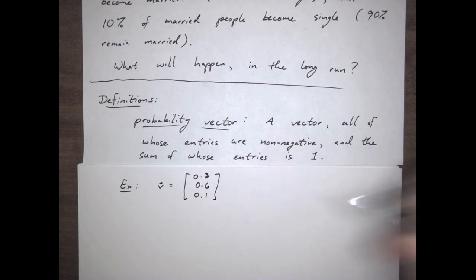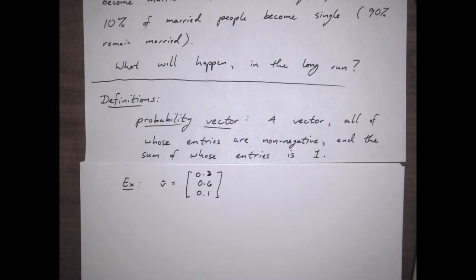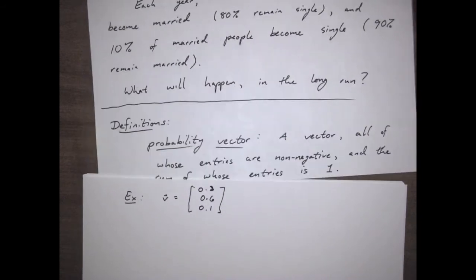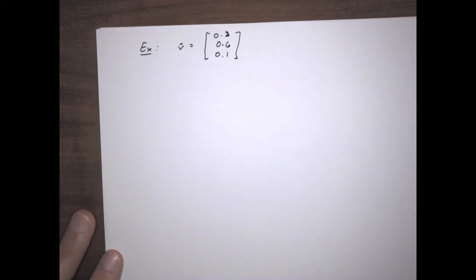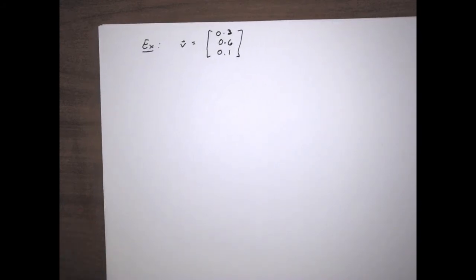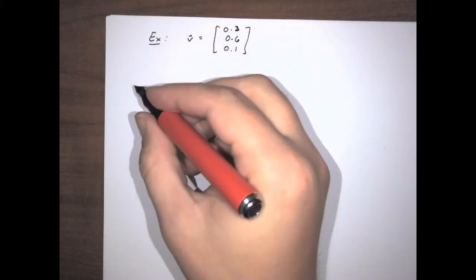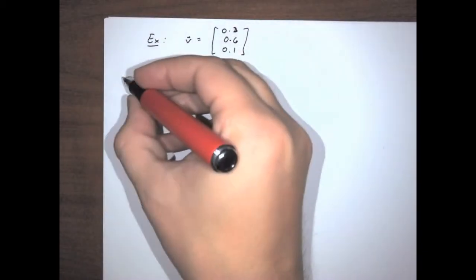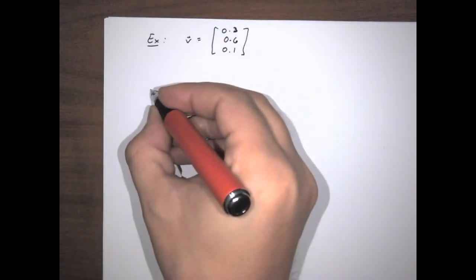You'll notice no negative values here, and they all add up to 1. This means none of the values could be more than 1, because otherwise they wouldn't be able to add up to 1 without some negative values. The values might be 0, that's okay, but they can't be negative. That's the meaning of non-negative as opposed to positive. Positive means not even 0, non-negative means 0 is possible. Okay, so that's a probability vector.